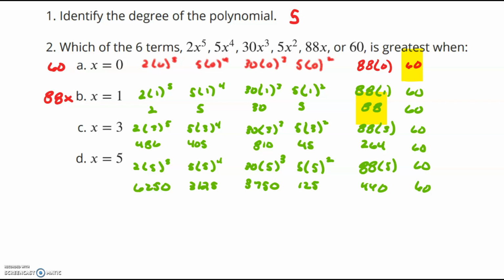For part C, I look through my list and I see that whenever x is 3, this term of 30x cubed is greatest. So 30x cubed for part C. And then for part D, I notice that the 2x to the fifth term is the greatest.